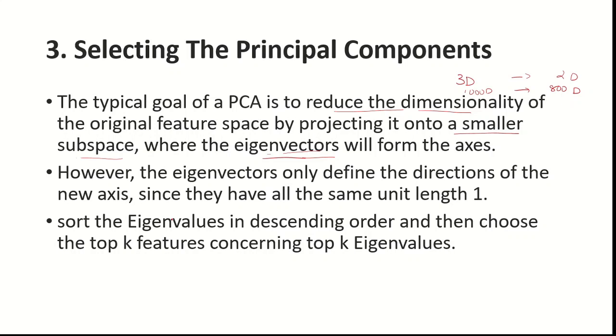That's how we are going to find the principal components. Sort the eigenvalues in descending order, and then choose the top k eigenvectors corresponding to the top k eigenvalues. So we choose the columns that actually represent the top k eigenvalues.